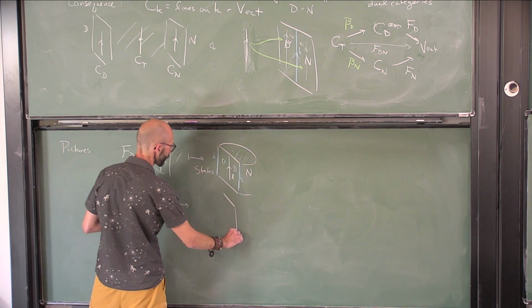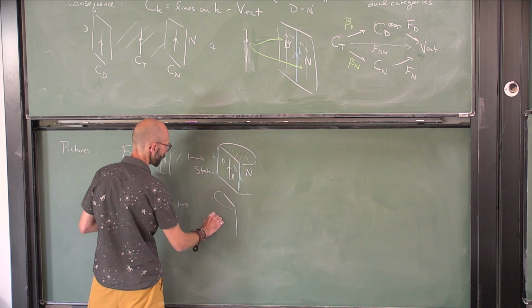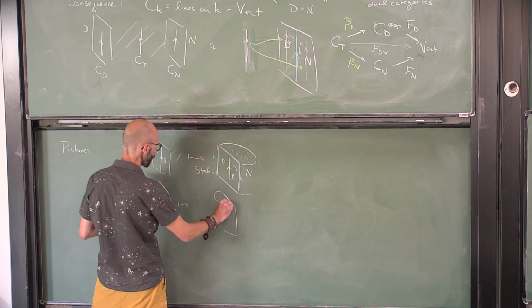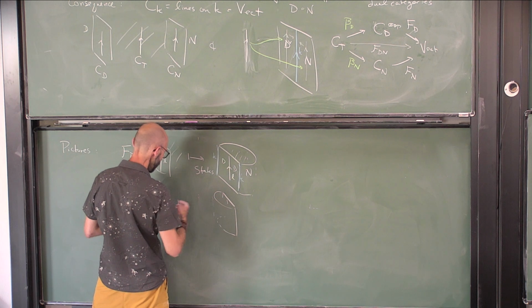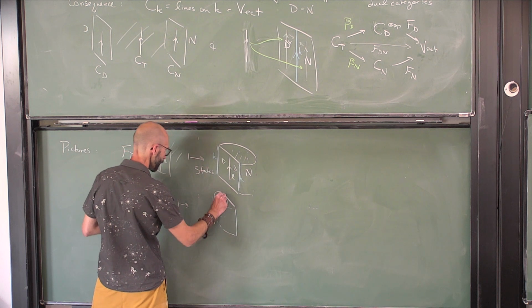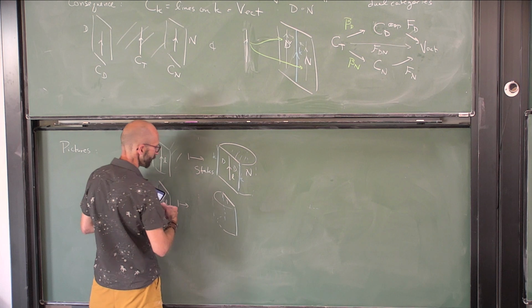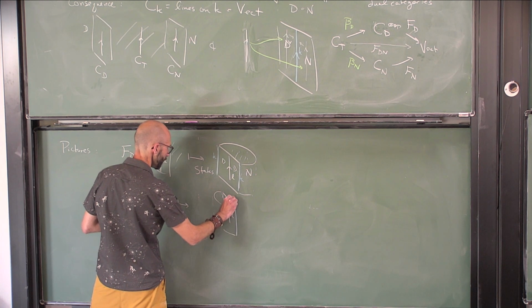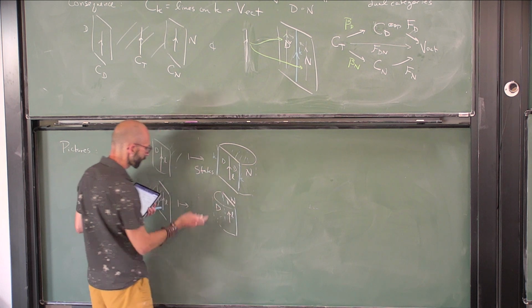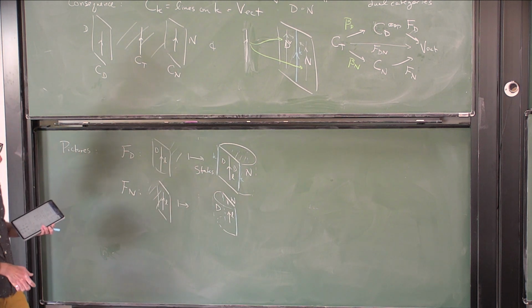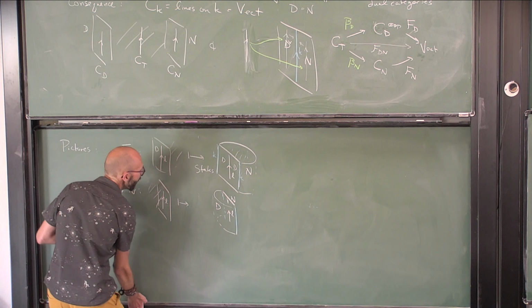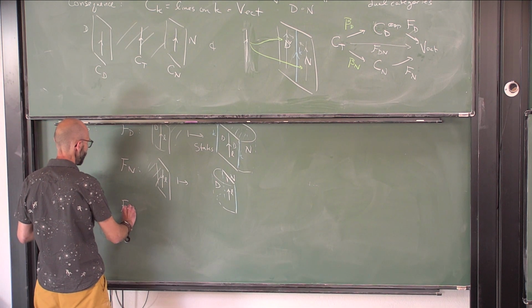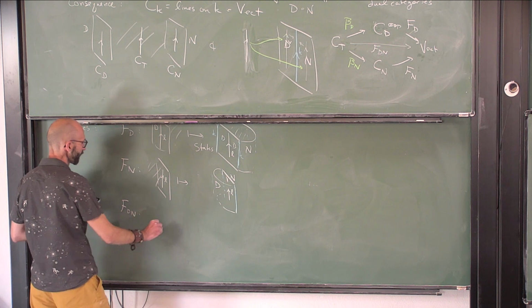It caps off a line on N, and with sort of a half circle of D. And now there's the obvious thing you can do in the bulk.